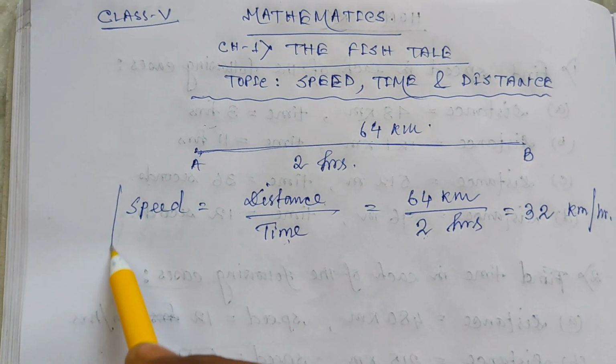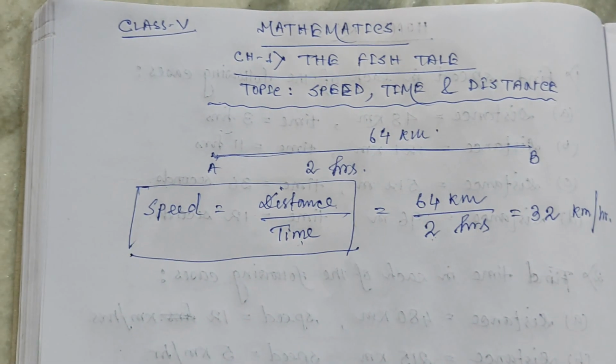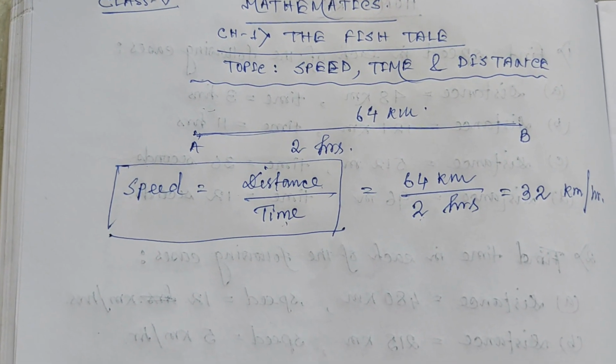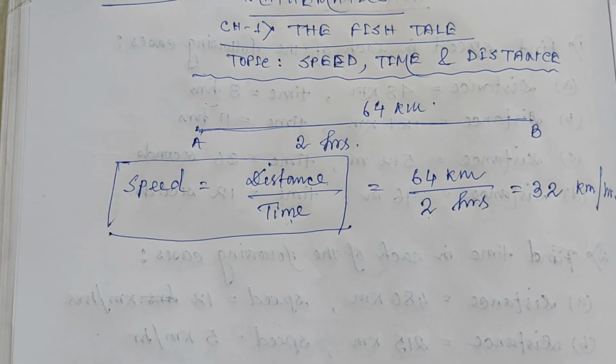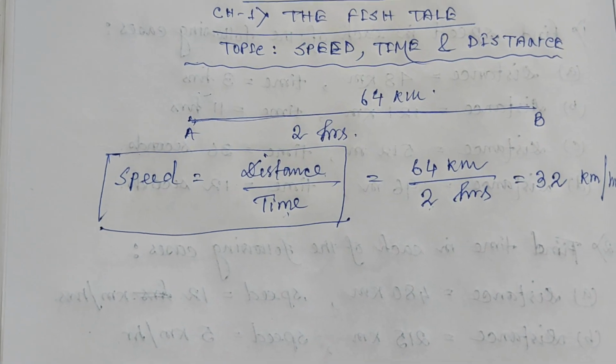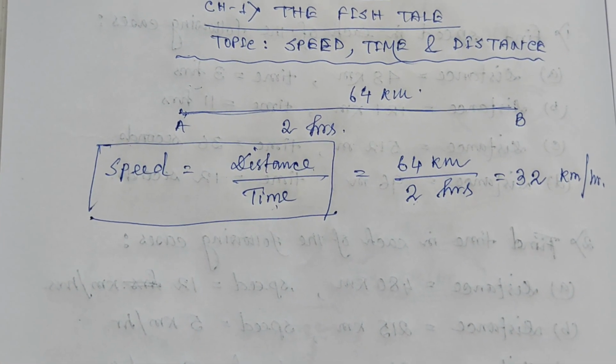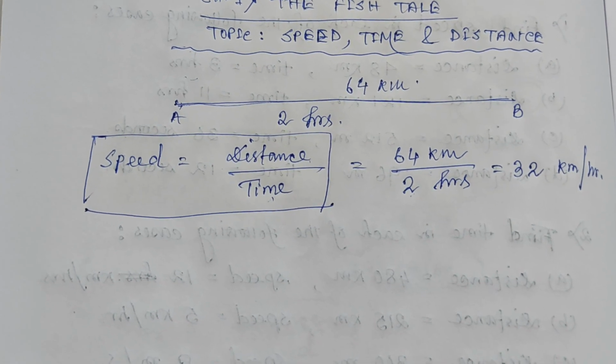So everyone must remember the formula: speed equals distance by time. When distance and time are given, if you divide distance by time, you will get the speed.